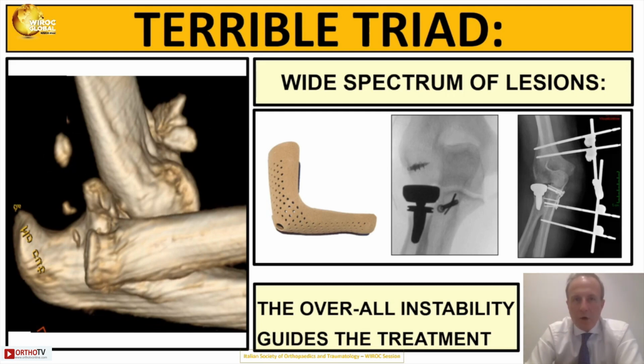Based on global elbow instability that is established by size and location of the radial head and the coronoid fractures, in addition to the associated soft tissue lesions, the treatment option can vary from conservative treatment to repair of all the affected stabilizers up to additional stabilization with an external fixator.